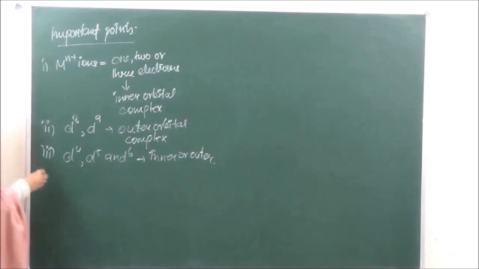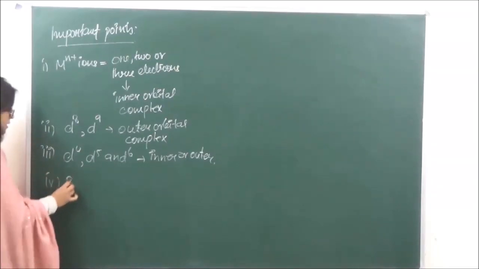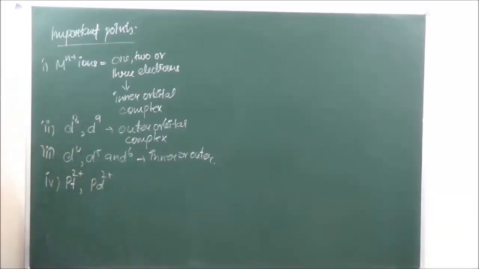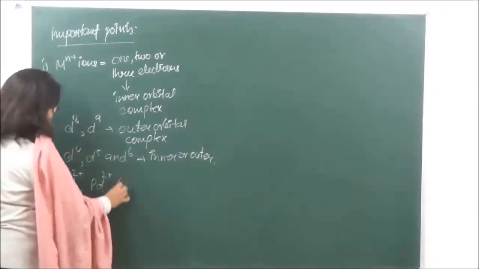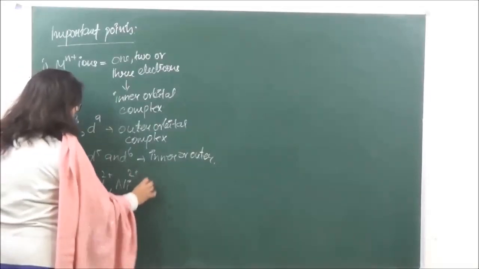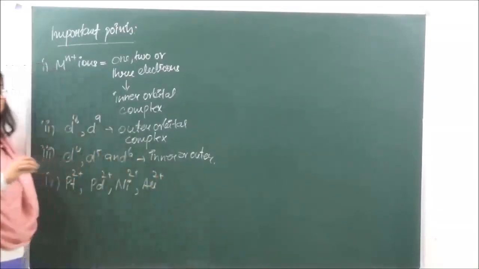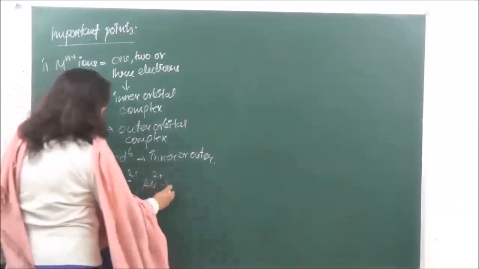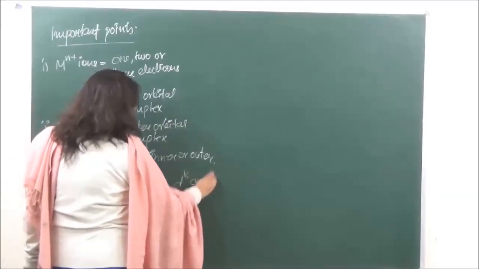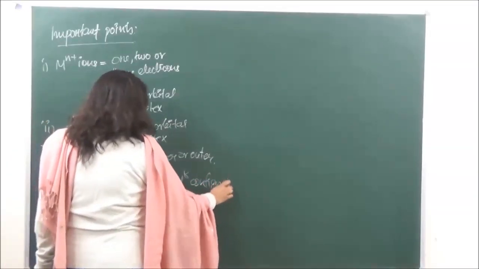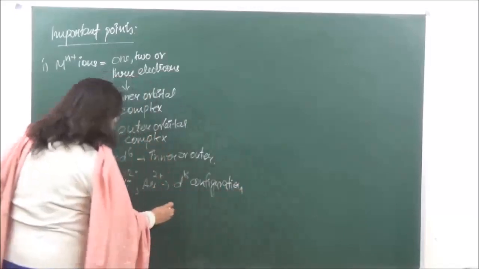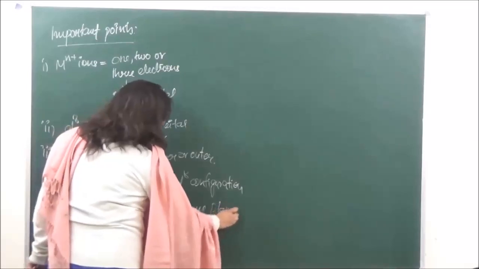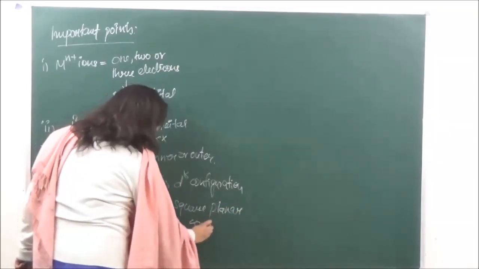Then if we are having complexes of platinum, palladium, nickel and gold in the +2 oxidation state, having d8 complexes or d8 configuration, they mostly form square planar complexes.